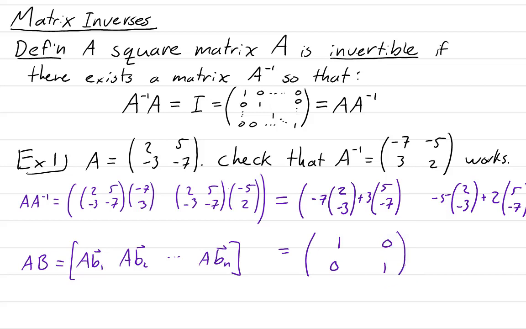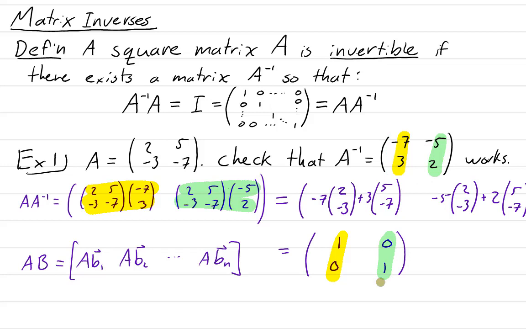So doing A times the first column of A inverse gives you that 1, 0, and doing A times the second one here gives you that 0, 1.